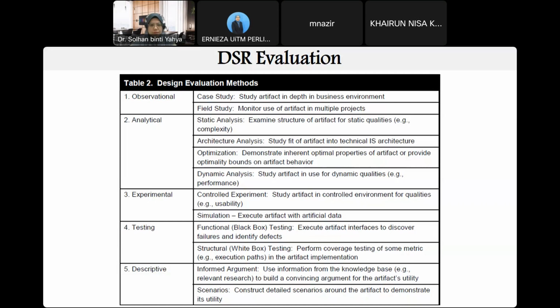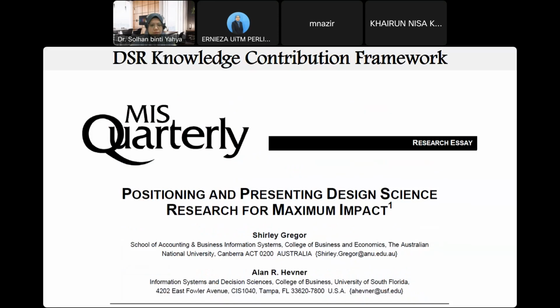Because there is no one-size-fits-all approach, but the general template given by the founder of Information Systems design science research is very clear that we can use it pragmatically. All right. This is another article by Gregor, published as well in MISQ.